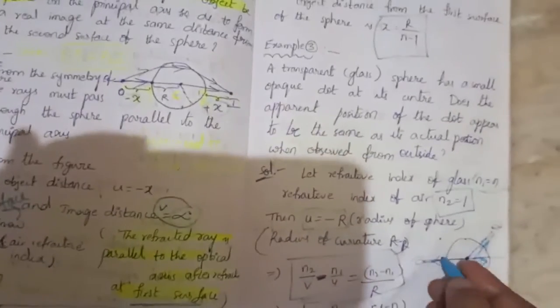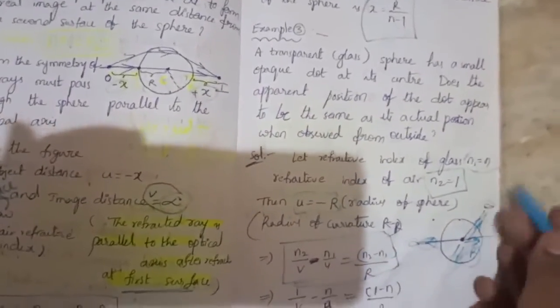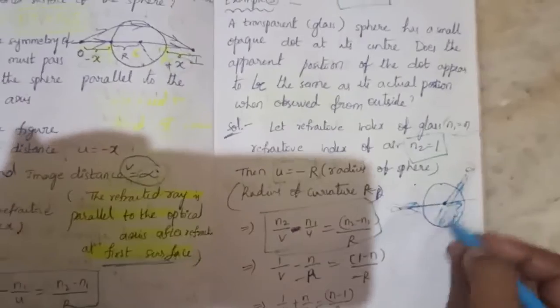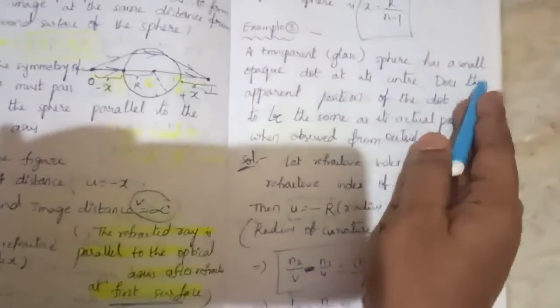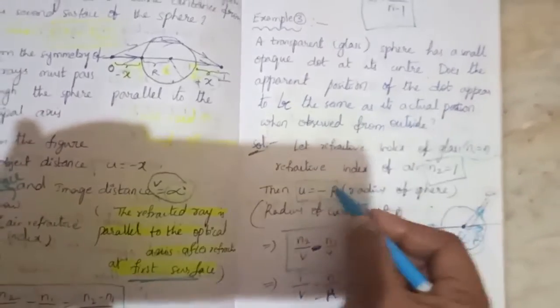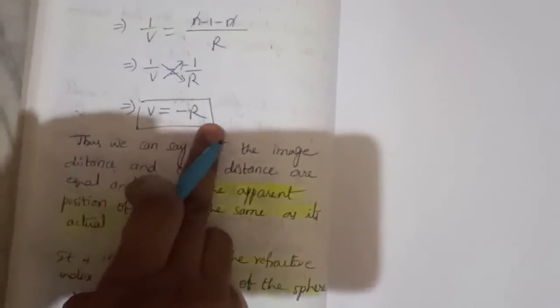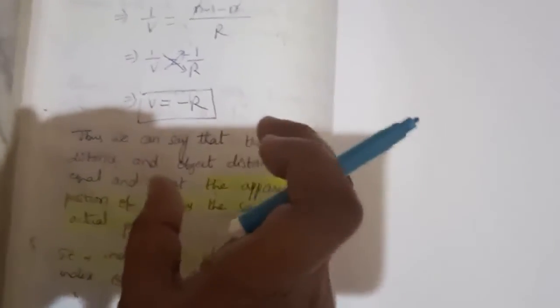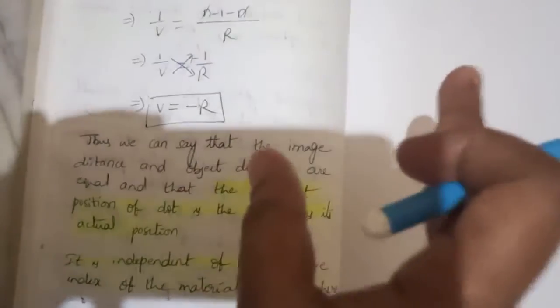So thus we can say that if the observer is here, it looks the same, as it is. Does the apparent position of the dot appear to be the same? Yes, the same. If we take object distance minus r, we get image distance also minus r, meaning object distance and image distance are the same, and it is independent of refractive index also.